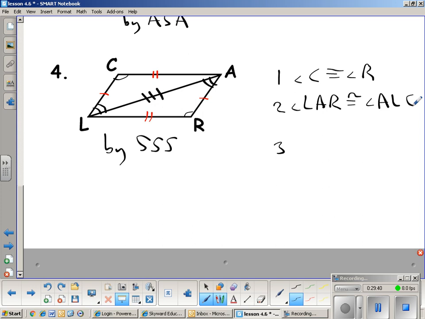Would it be angle LAC and angle ALR? LAC, that's this angle. So angle LAC is congruent to angle, let's see, LA, so A, what'd you say?